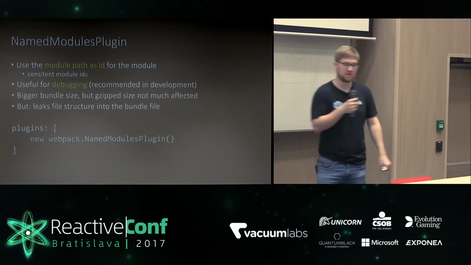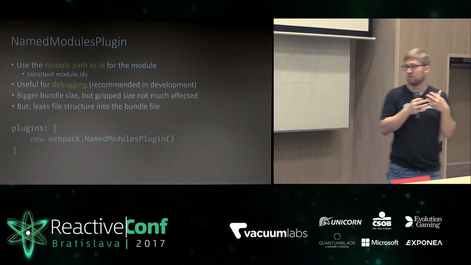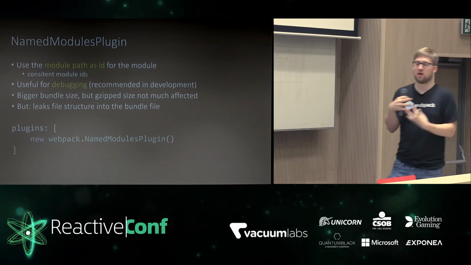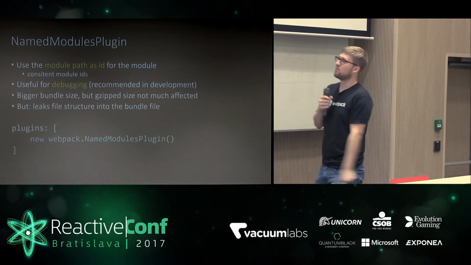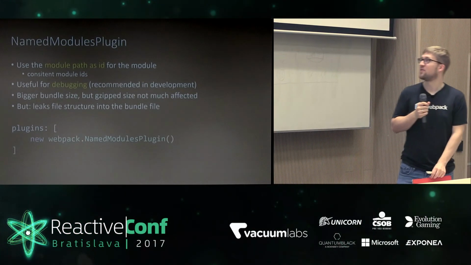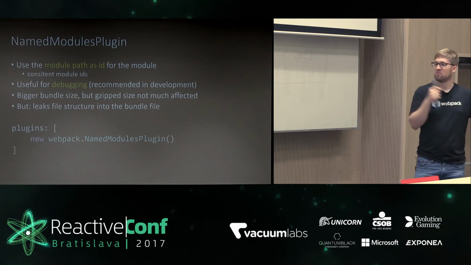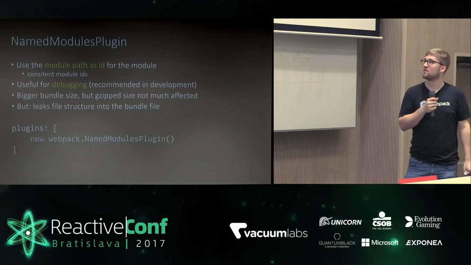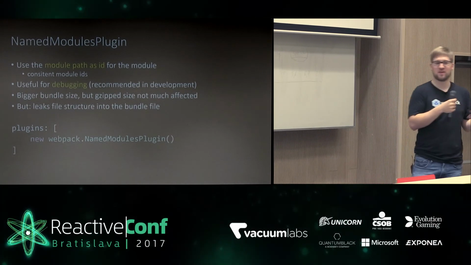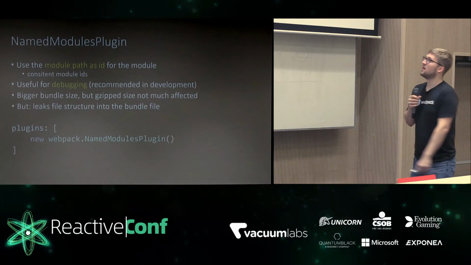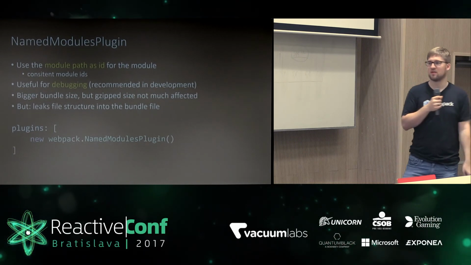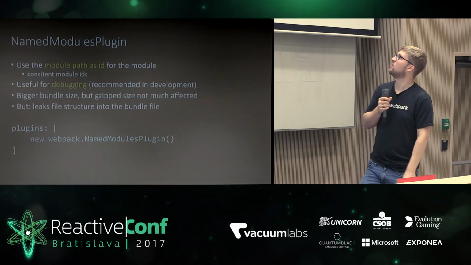But the disadvantage is if you use it in production, your customer can see the file structure of your application, so basically which file names the modules have, and maybe decompile it to gain some inner knowledge. It also increases the bundle size a bit because numbers are shorter than strings. But gzip is not that much affected because strings also gzip very well.